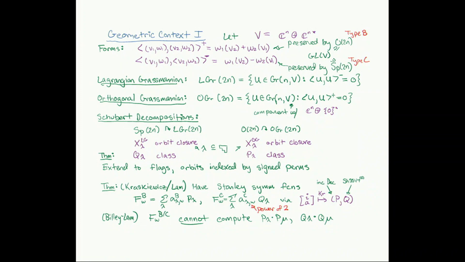And so the Lagrangian Grassmannian is going to be all the vector spaces that are dual to themselves with respect to the minus inner product.